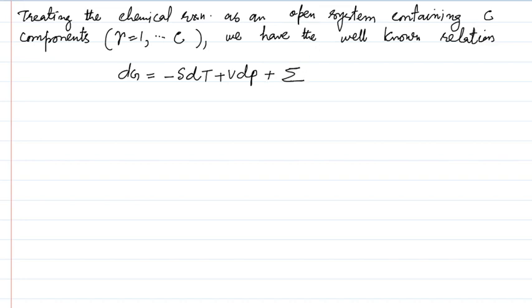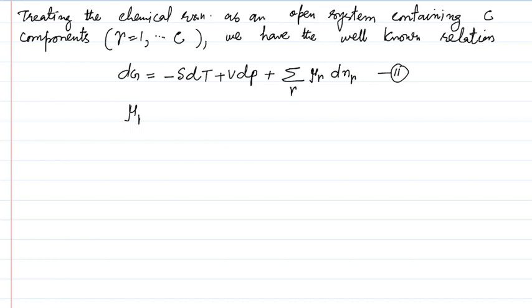It is now an open system, so the number of moles can change, so we will write it as mu gamma dn gamma. This is equation 11.